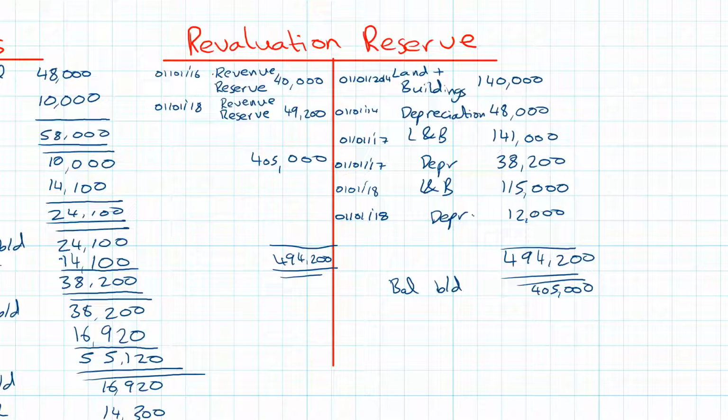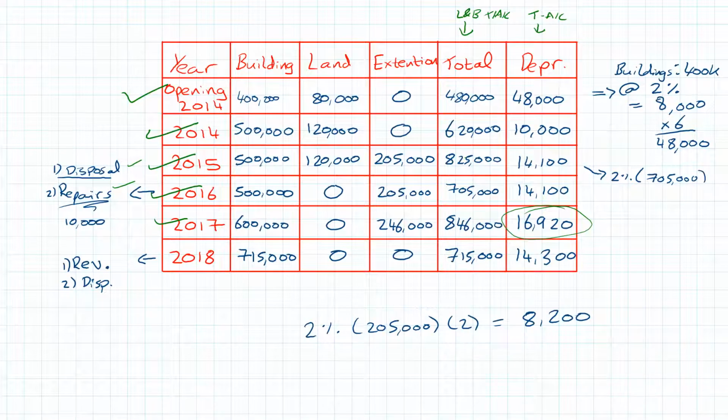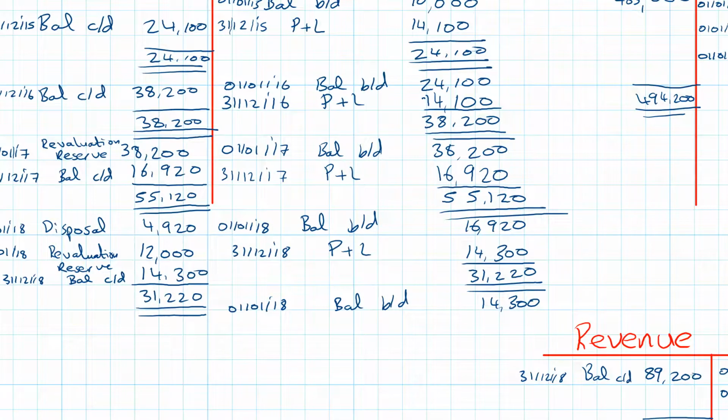And that's essentially how much we revalued the initial building when you include the depreciation as well. So obviously we get 315,000 there, but if we also include how many years of depreciation it had, that would give you 405,000.